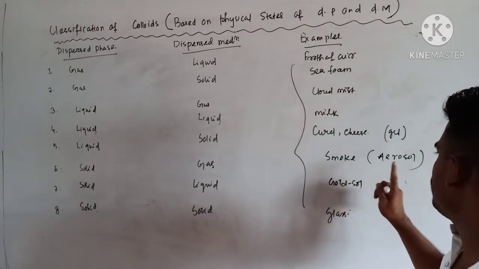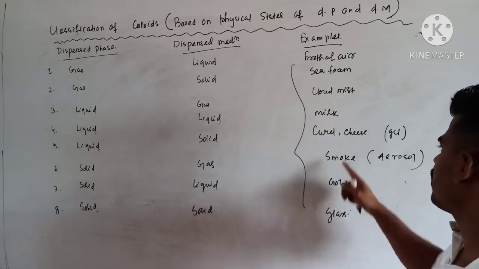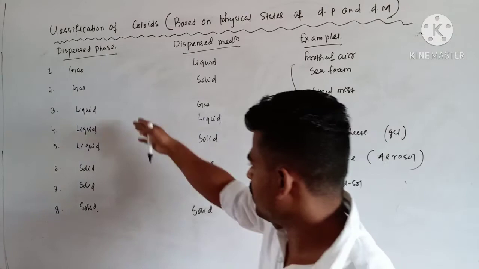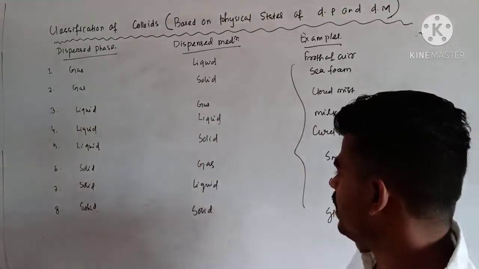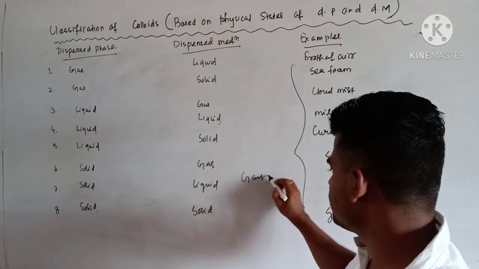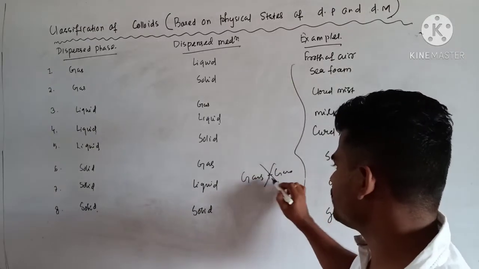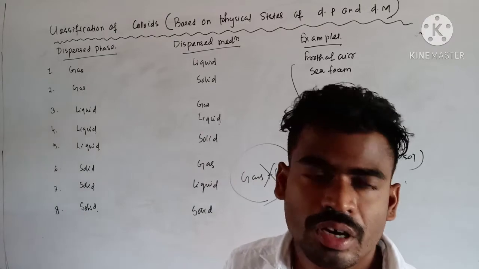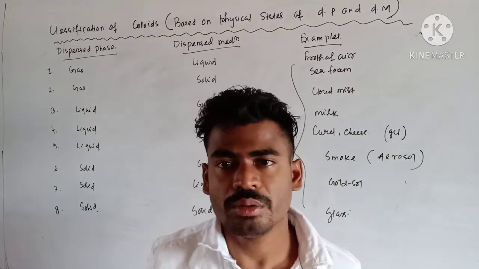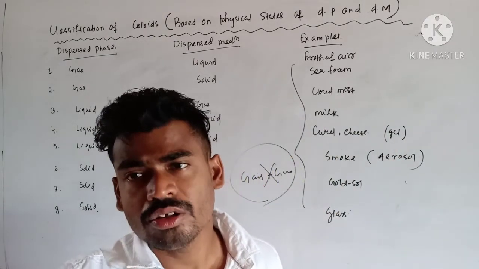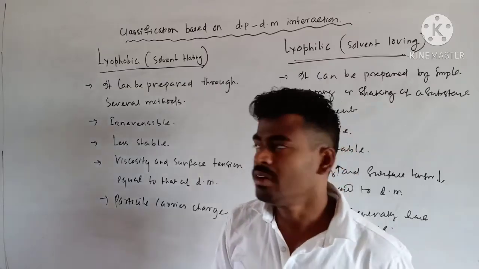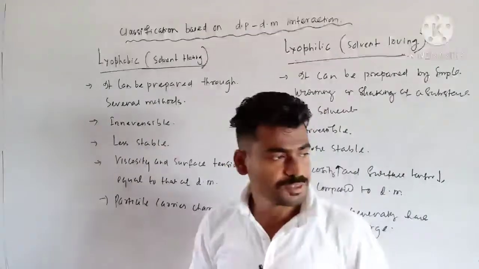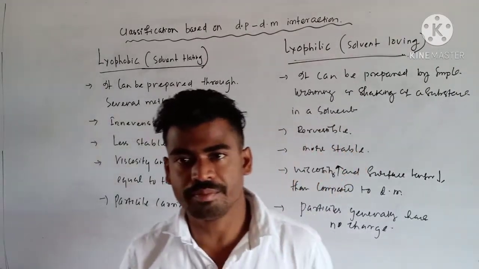This is smoke, an example of aerosol, curd, cheese, these are jelly-like substances, and here the physical states are mentioned. And remember, gas plus gas is not considered in case of colloidal solution, because it leads to a homogeneous mixture. Is that clear?